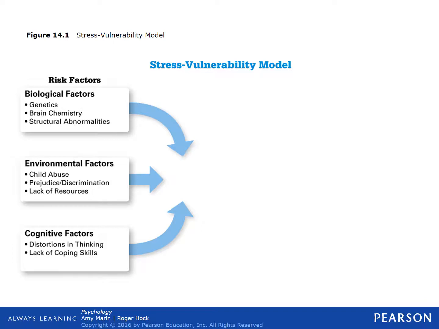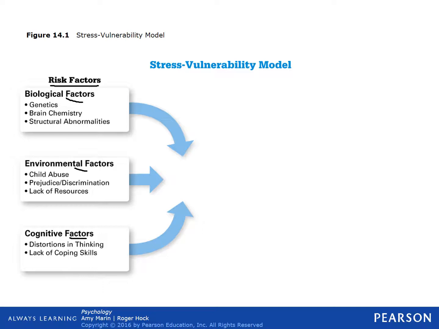So you'll see the stress vulnerability model. This is another explanation for the causes of disorder, but you'll see that it involves biological, environmental, which is kind of the social, and then the psychological. And so we have these risk factors, these things that sort of are pre-programming us, whether it's genetics, our brain chemistry, or structural abnormalities.